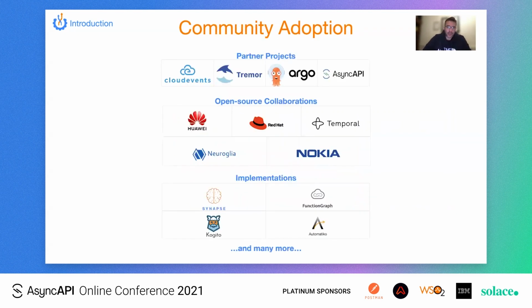As far as adoption goes, this is important to know for every project. We have some partner projects within CNCF that we're collaborating with: CloudEvents, AsyncAPI of course, and things like Tremor and Argo as well. We also have open source collaborations with different companies that are interested in using our specification.